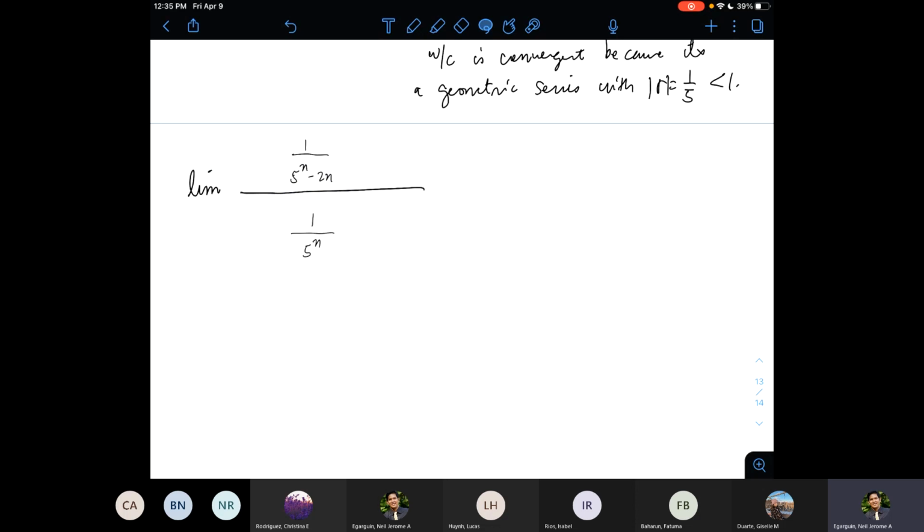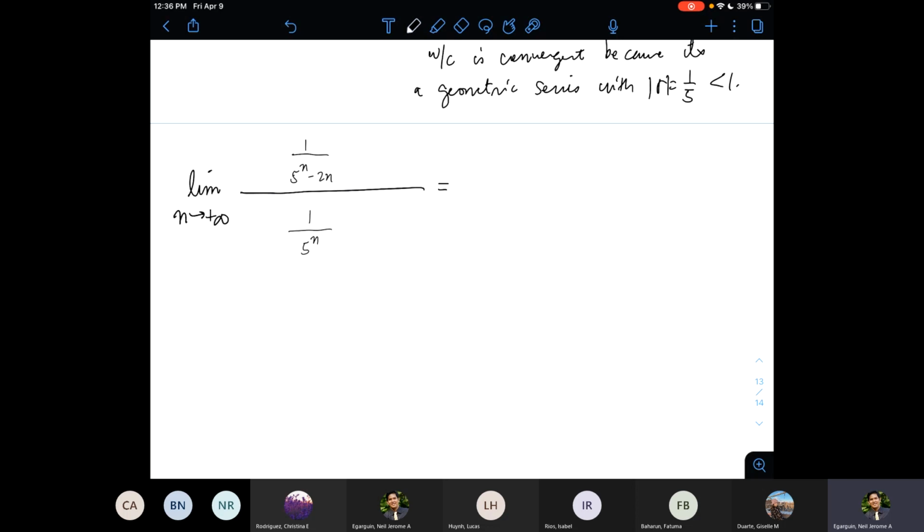And we take the limit as n approaches infinity. If this happens to be a constant number, then they will both converge because we already knew that the testing series is convergent, right?